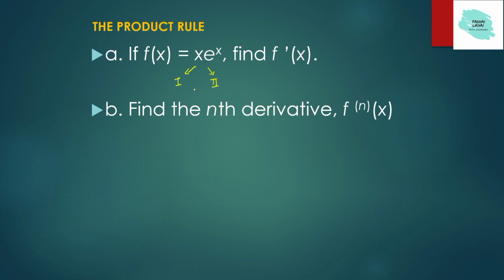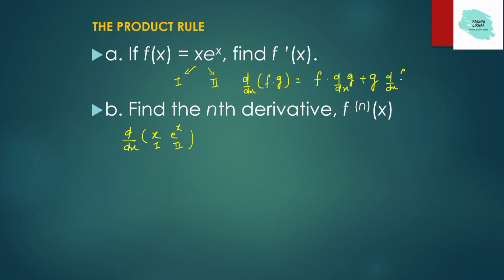Let us start with the formula: d/dx of f into g means the first function into the differentiation of the second, plus the second function into the differentiation of the first.